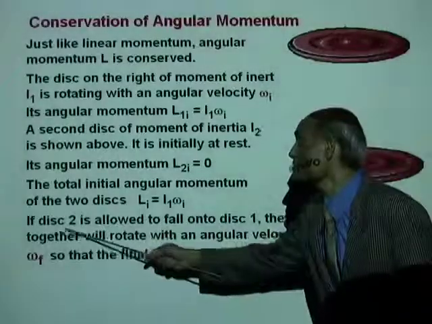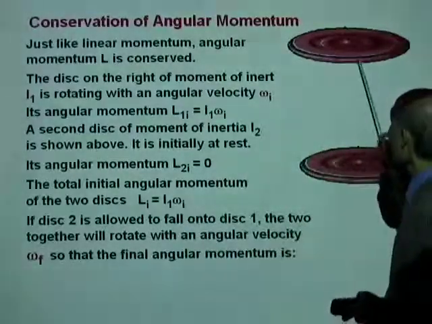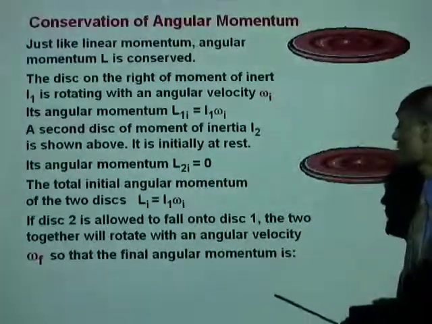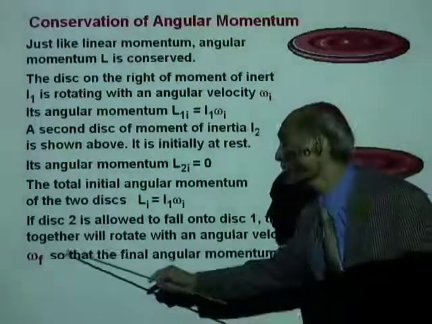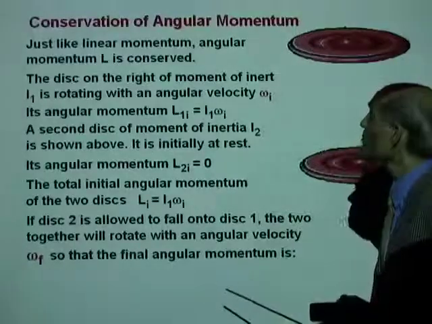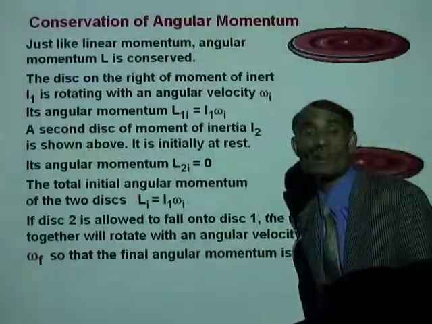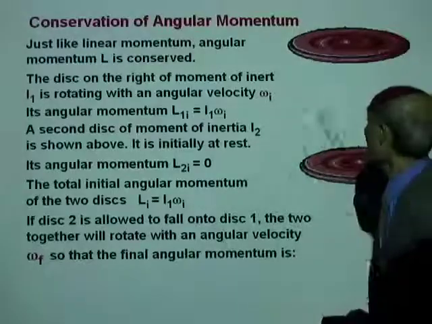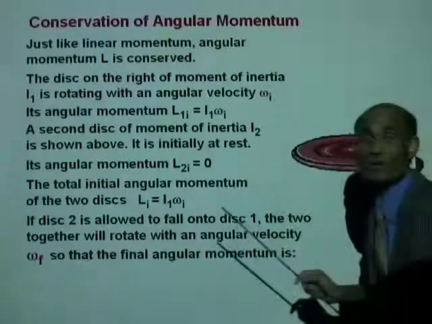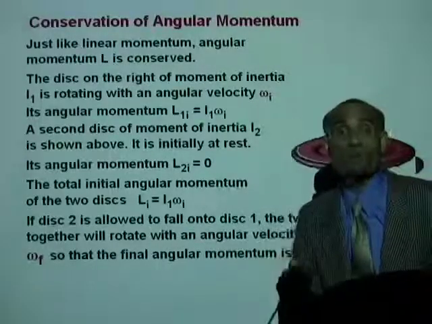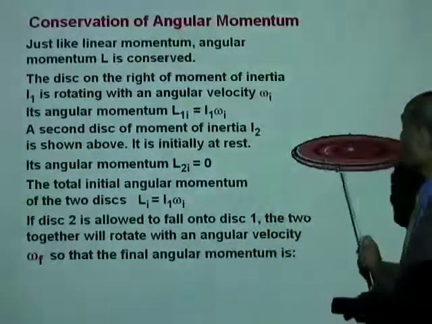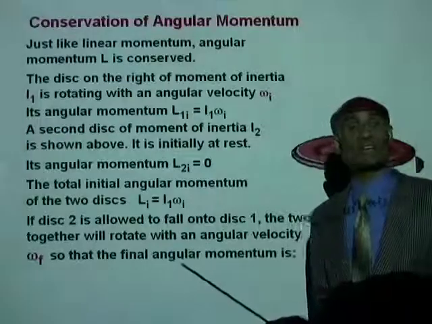Okay. If disk 2 is now allowed to fall onto disk 1, the two together now will rotate with an angular velocity omega f. Can you write what the final angular momentum will be? When this disk falls onto here, the two together are going to rotate. That means the total moment of inertia now is I1 plus I2. I2 is the moment of inertia of the second disk.